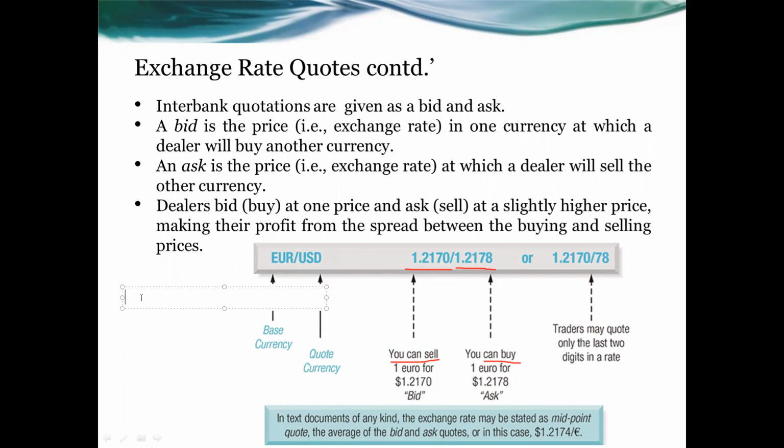Okay. Now, the bid price, bid rate, is the bank or financial institution's buying rate. The bank's buying rate. On the other hand, we can say it is the customer's selling rate.